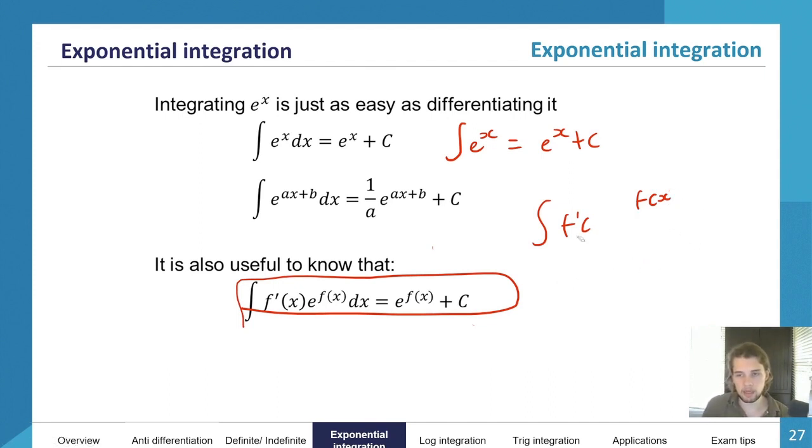That can obviously be applied to this linear one. In this scenario, let's say we had e to the power of ax plus b. Then if we integrate that, it would be equal to 1 over a times e to the power of ax plus b, plus c at the very end.